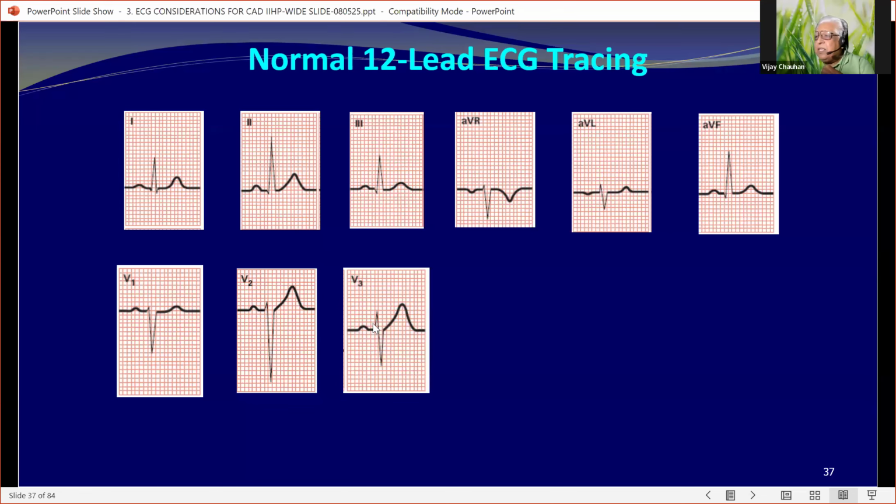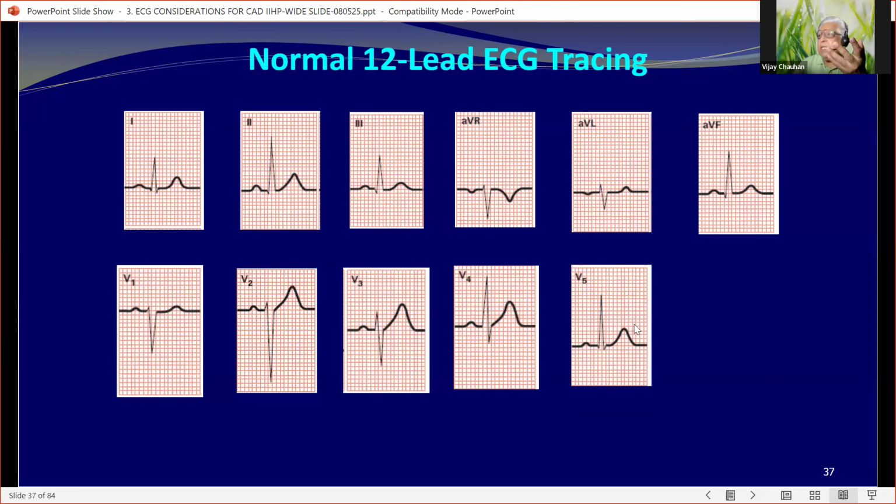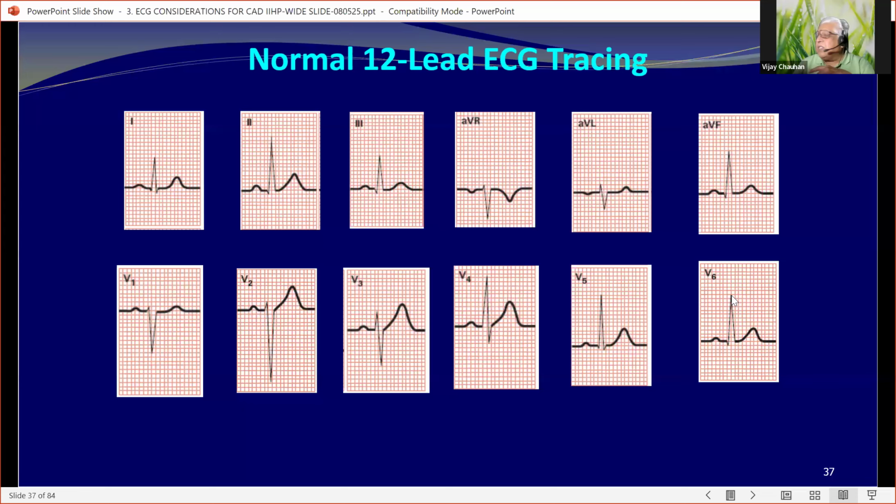Now roughly in V3, R wave has become much more prominent, and more or less at this point of time, you may find the R wave is equal to S wave. And then V4, R wave is prominent, S wave is small. And in V5, R wave is prominent. And next we have V6. This R wave is prominent.